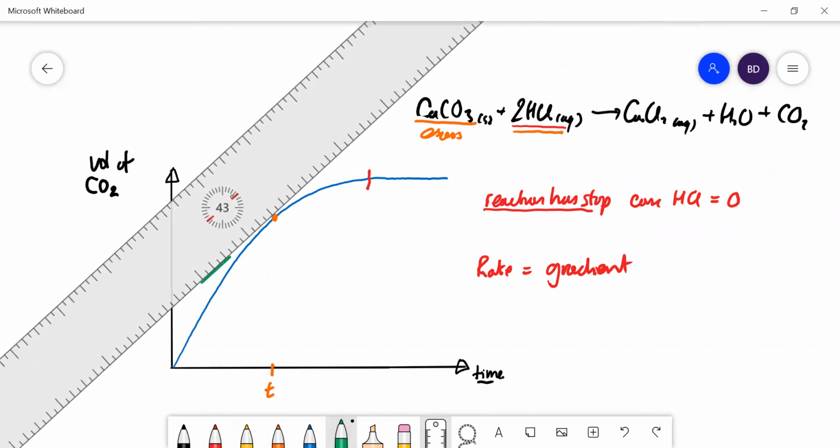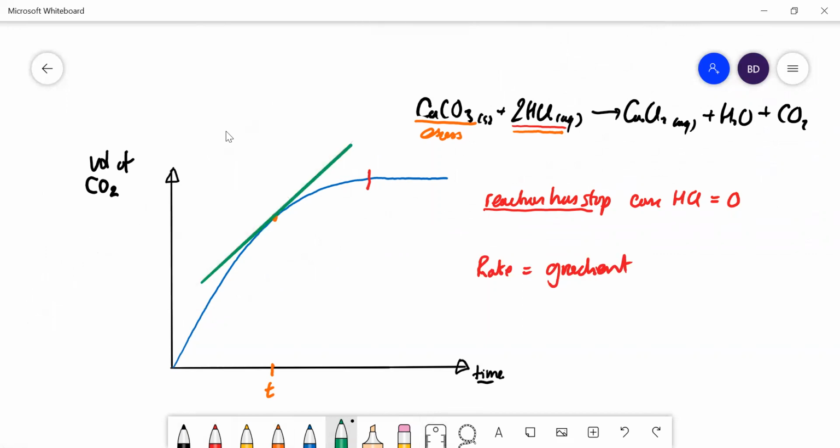So you draw yourself a tangent, right, and then you want to measure what the gradient is equal to. It's equal to the rate of change in the y-axis, which in this case is the volume of CO2, divided by the change in the x-axis, which is time.